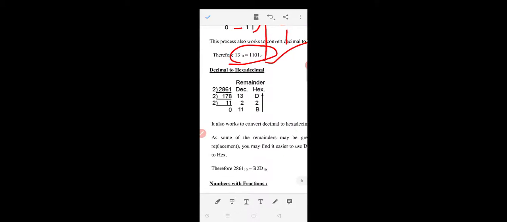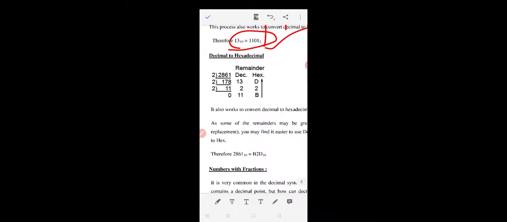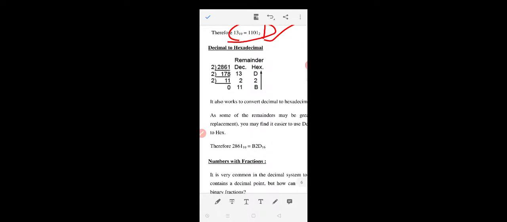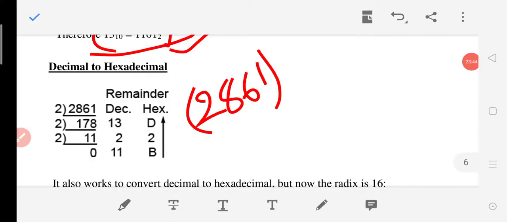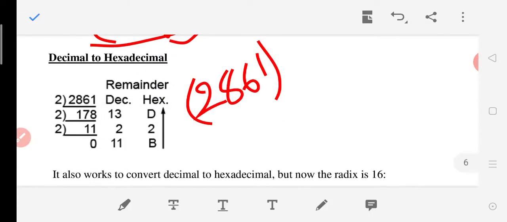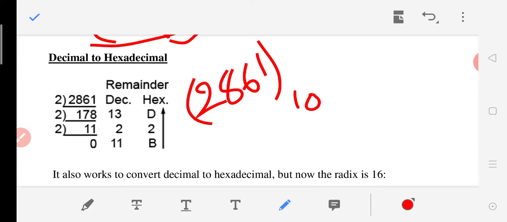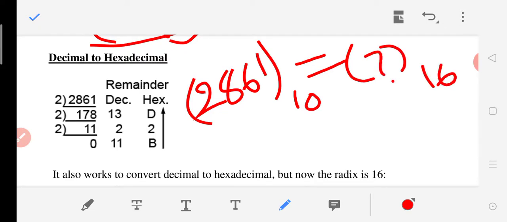Once again, 2861. So here the question is: what is the hexadecimal equivalent of decimal 2861?